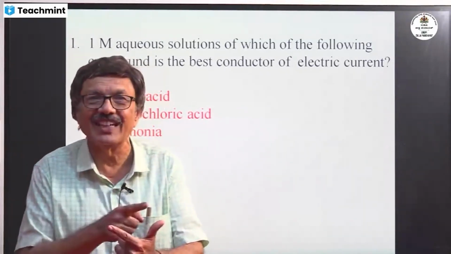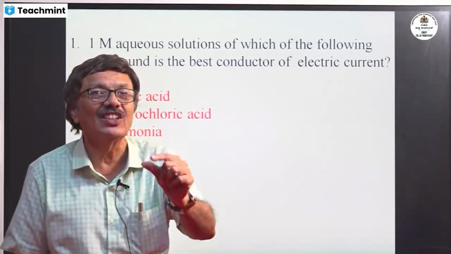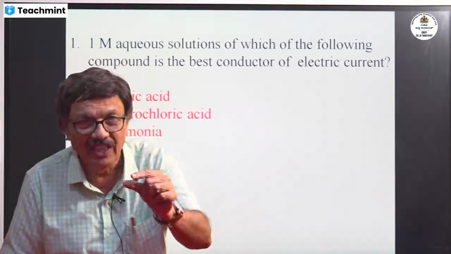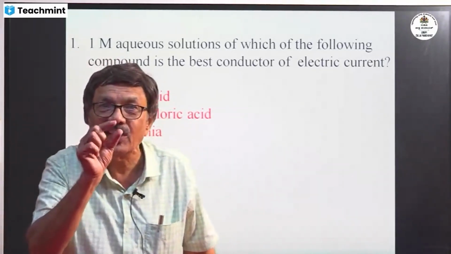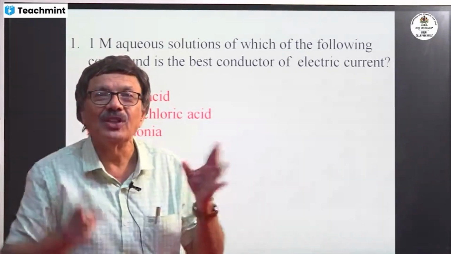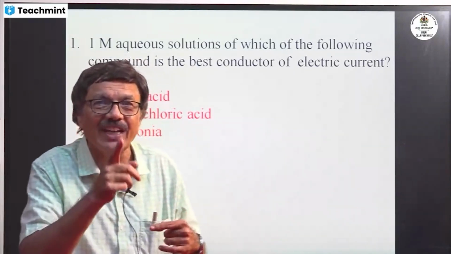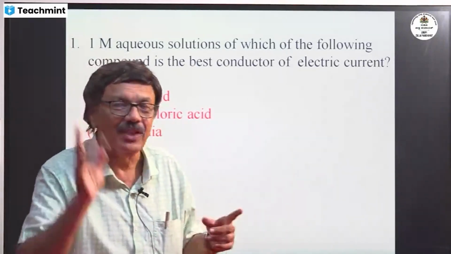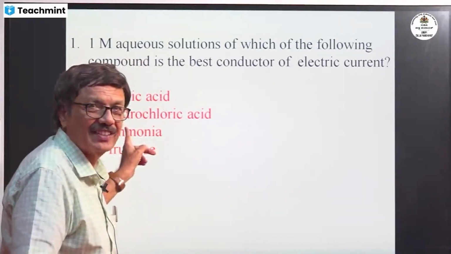It furnishes a large number of ions in its aqueous solution. Second thing is not only the number of ions, but also the size. That also counts. Hydrogen being the smallest ion, it moves fastest. Ionic mobility will be maximum. So on this ground, we can say hydrochloric acid conductance is maximum. So the right option is B.